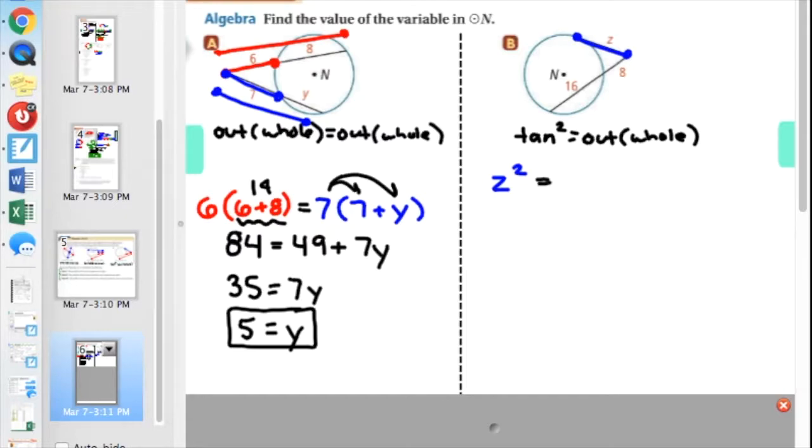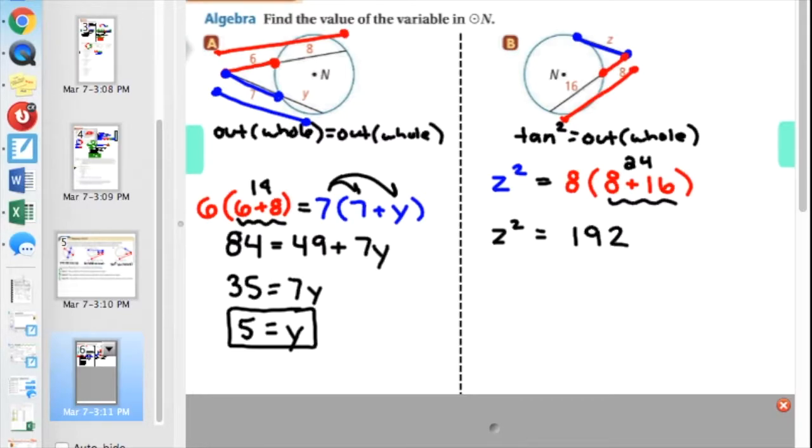So tangent squared is equal to outside times whole. The outside length that I have is 8. The whole length that I have would be 8 and 16, so we have 8 plus 16. So now all I got to do is start to simplify my problem here. Well, 8 plus 16 gets me 24. So we have z squared is equal to 8 times 24, which gets me 192.